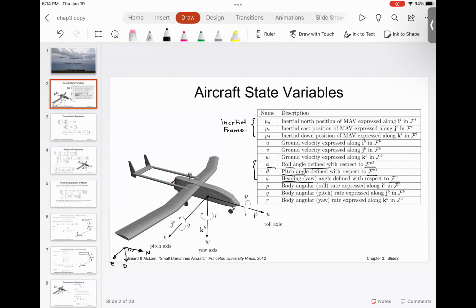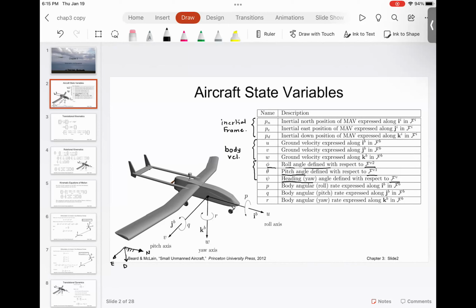V is the velocity of the aircraft expressed in the body frame along the j axis. Please note, i is in the body frame, j is in the body frame, and k is in the body frame, and these are the respective aircraft body velocities. So these are body velocities.